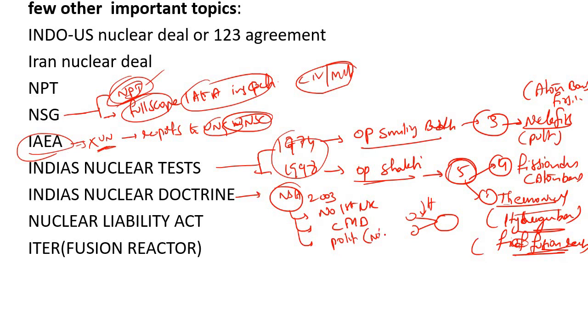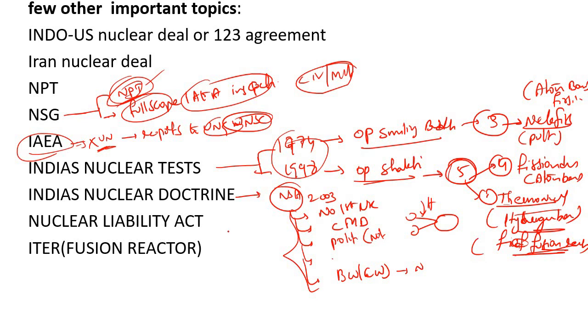It's not under bureaucratic control. And we won't use nuclear weapons against countries which don't have nuclear weapons. And if any country is using biological weapons or chemical weapons, then definitely we will use nuclear weapons against them, whether they are nuclear weapon countries or not, it doesn't matter. So these are some of the clauses in India's nuclear doctrine.